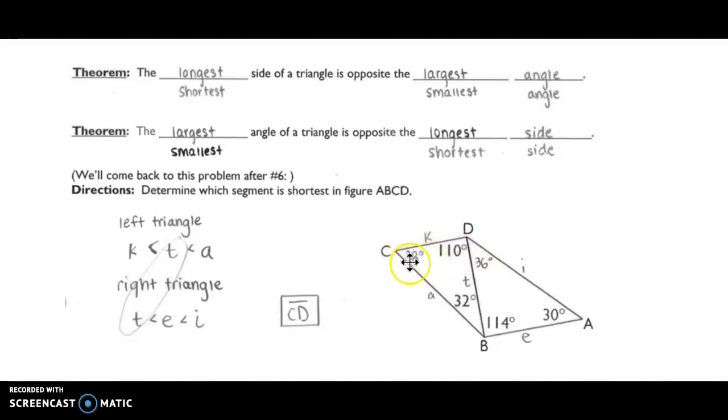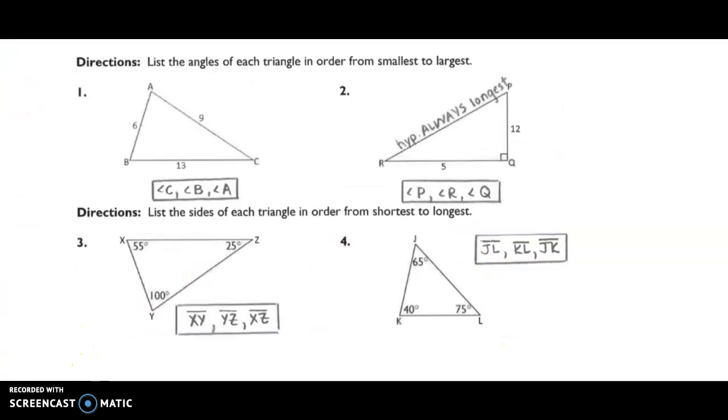And 38 is the middle angle, and so the side DB across from it is going to be the medium length. Okay, so just some quick examples here.